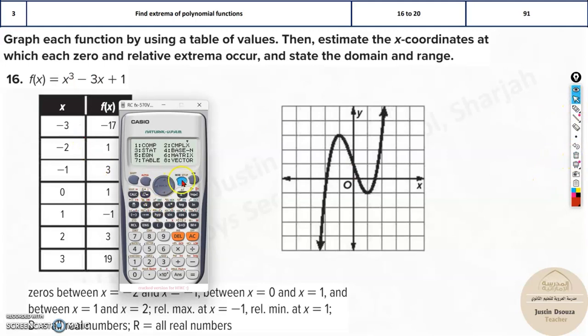Here, all I need to do is instead of x, it's 1. 1 cube minus 3 into 1 plus 1. And what is the answer? It is -1. So at 1, it was -1. Yes, absolutely right. So when you check 2 or 3 points, you can easily eliminate all the other options and you will be remaining with only one graph. So this is another direct method.